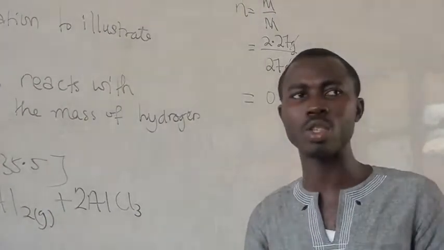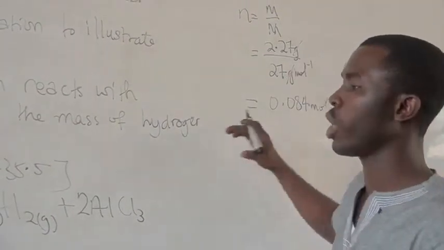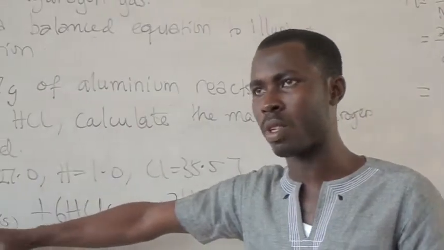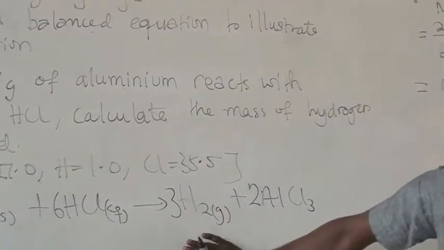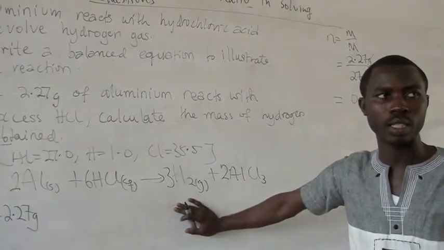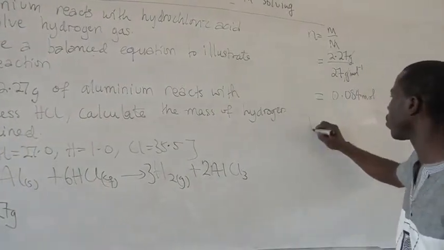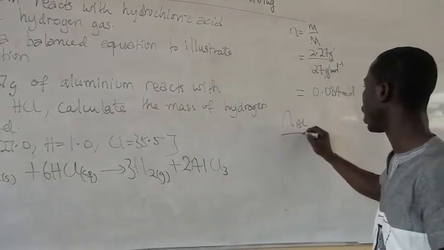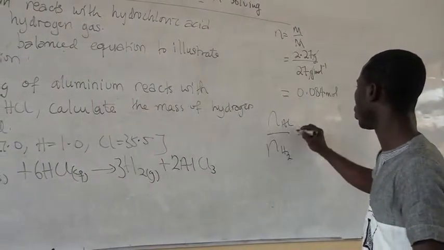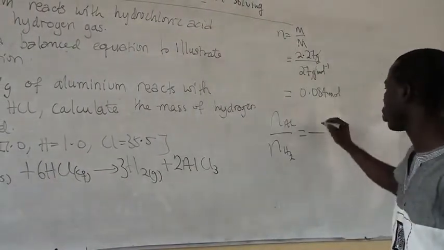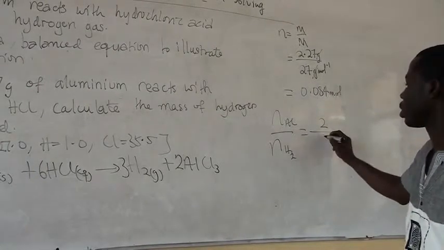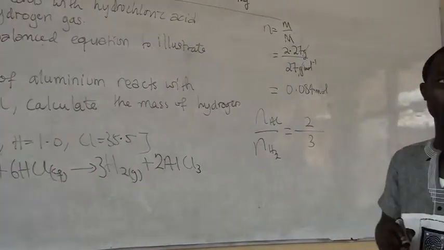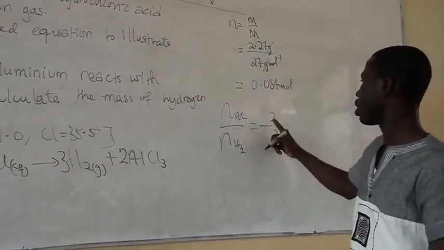Then the next thing to do, mole ratio between aluminium and hydrogen gas. Can we do that? Yes. So the mole ratio between Al and H2 is going to be 2 is to what? 3. 2 is to 3.